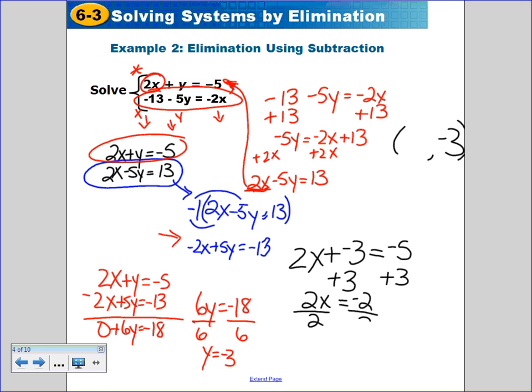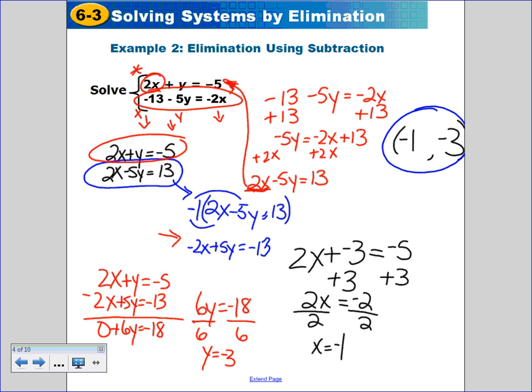Divide both sides by 2, x equals negative 1. So the solution for this system of equations is the point negative 1, negative 3. You're more than welcome to give me a check on that by plugging in this ordered pair.